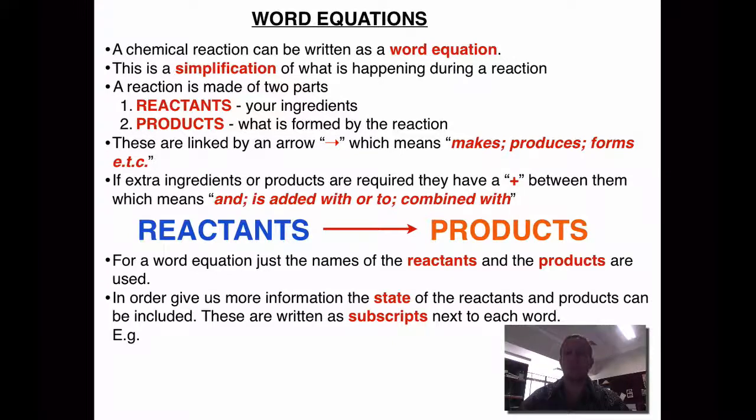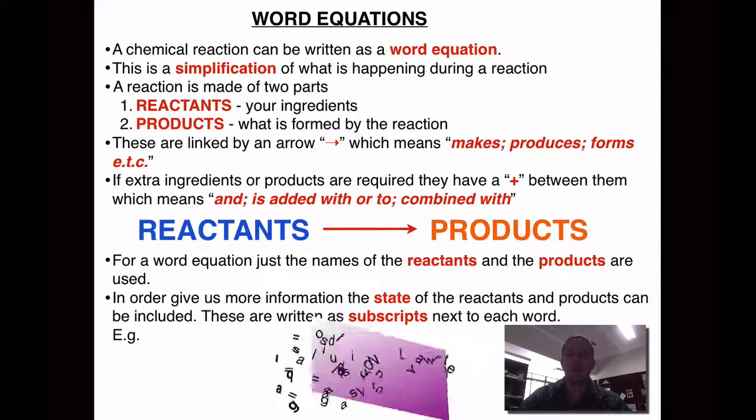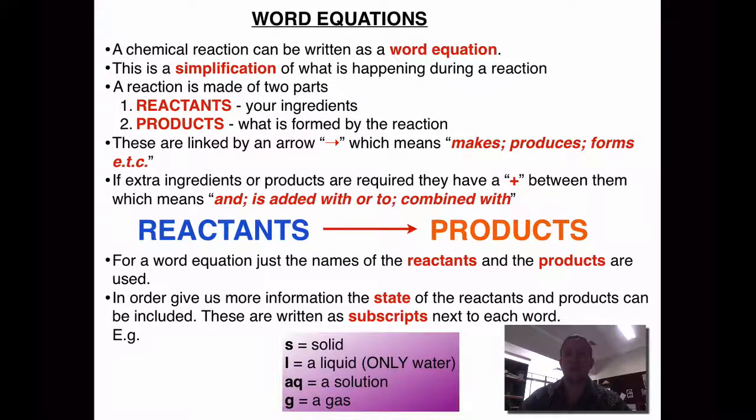This becomes useful as we move higher up through our chemistry. Now there are four main states that we deal with. The first state is symbolized with a little s. This means that the chemical was in a solid form. And l is a liquid, and this is only given to water.